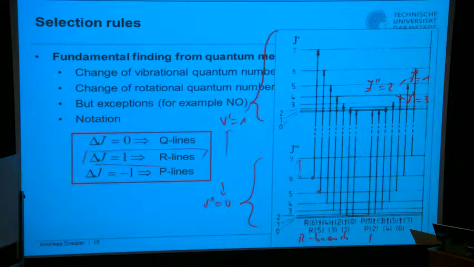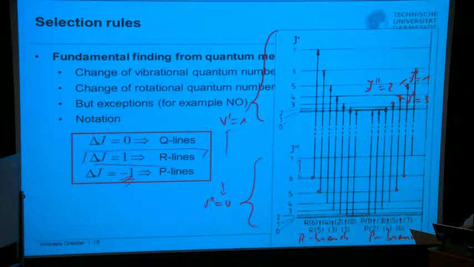And here you have the P branch, and that goes with delta J minus 1. For the P6 line, for example, it starts from 6 and ends at 5. Or it starts at 5 and ends in 4. So you got it?